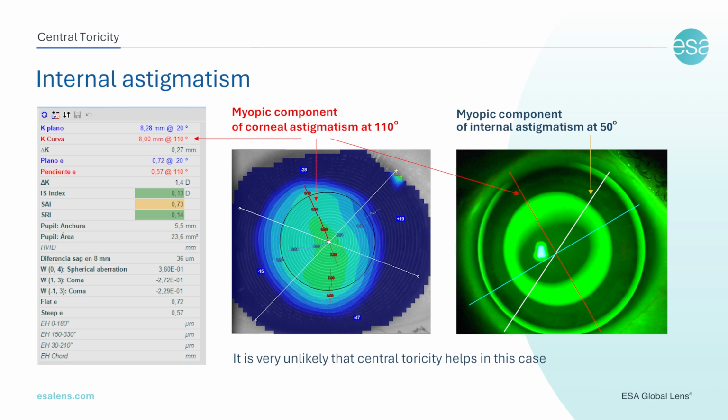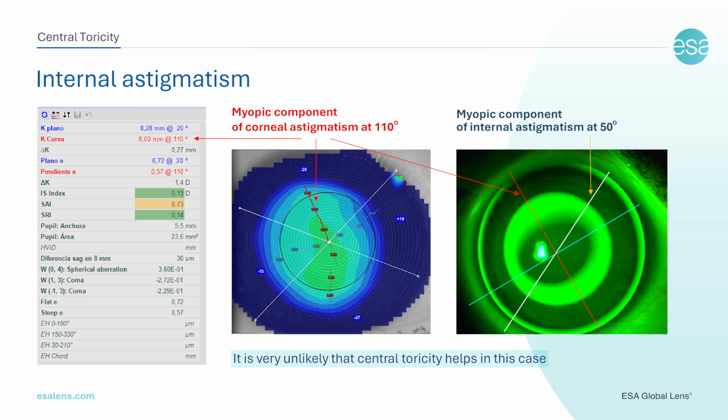In this case, the protocol remains largely the same. However, if during the peritoric fitting we observe that the axes of internal astigmatism differ significantly from the axes of corneal astigmatism, that is, by more than 20 degrees, and the physical orientation of the lens on the eye confirms this discrepancy, then adding central toricity is unlikely to compensate for the internal error.